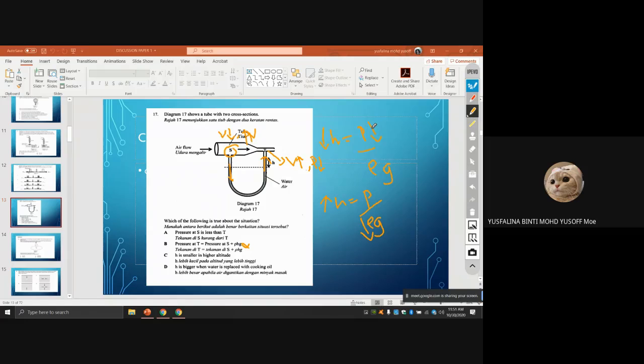And D, H is bigger when the water is replaced with cooking oil. Cooking oil is less dense than water, so H will increase.